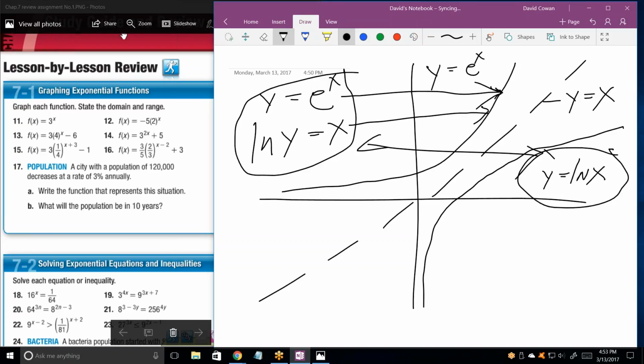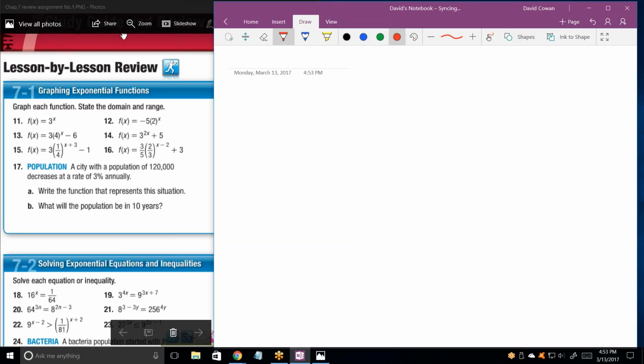But they also have an inverse, which is a log function. But that is not the same as that. In fact, it's the inverse. Okay? So just because you see log doesn't mean that it's necessarily the inverse of the exponential. It just depends on various things.